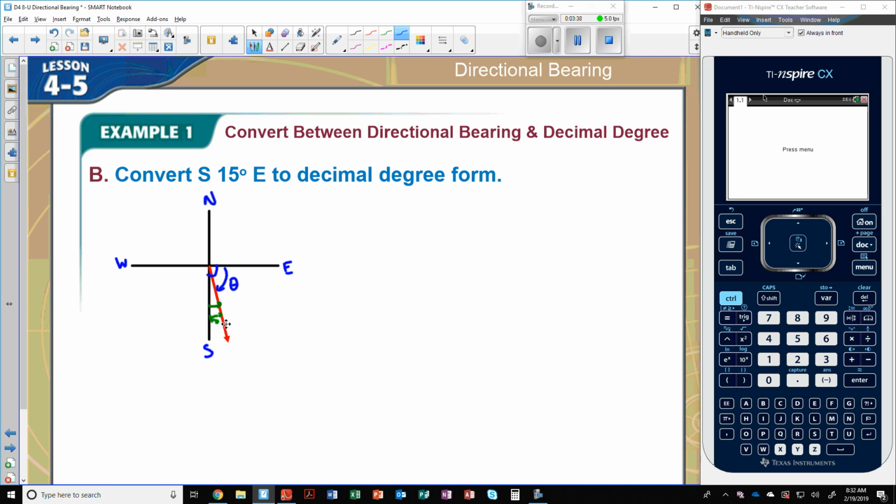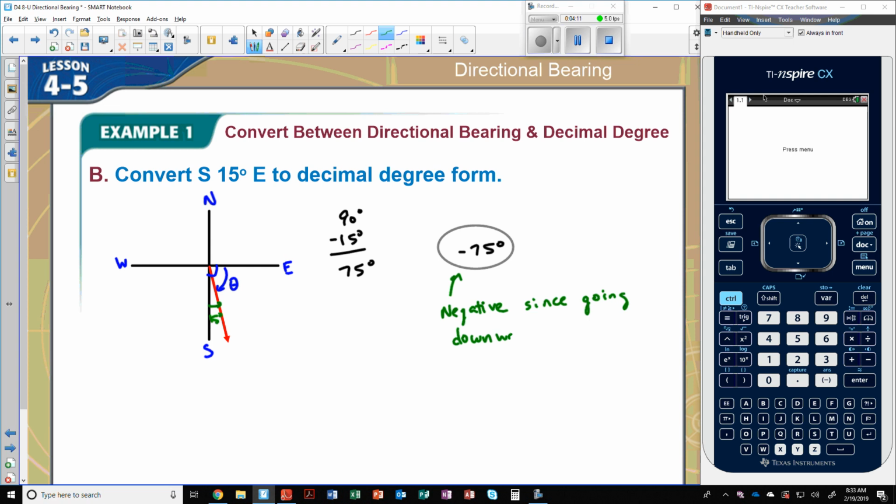This gives us 75 degrees. Since it's going downward from the positive x-axis, it's going to be negative 75 degrees.